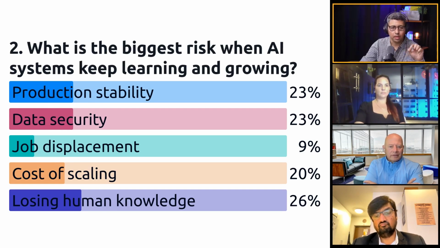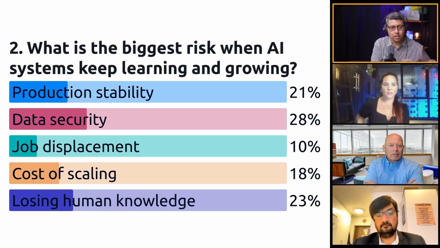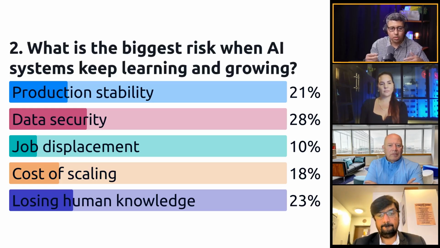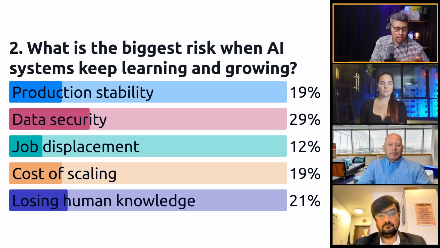Okay, John. I think the biggest risk is the AI system that keeps learning and growing. Production stability is a classic concern. If AI makes the wrong adjustment, it can stop the line.